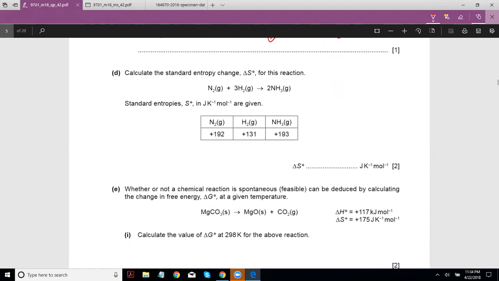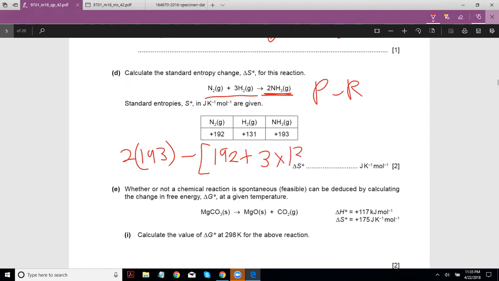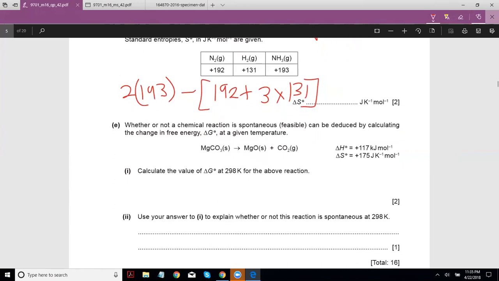Calculate the standard entropy change for this reaction, and the values are given. So standard entropy change is product minus reactant. You just calculate. It's 193, and then you subtract 192 plus 3 into 131, which should give you the entropy change, and you'd get some value of that.